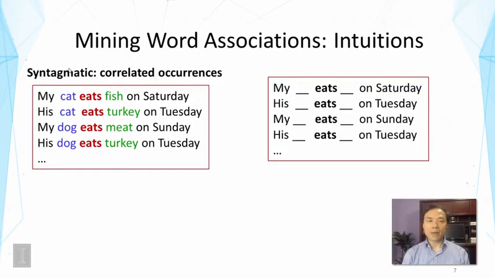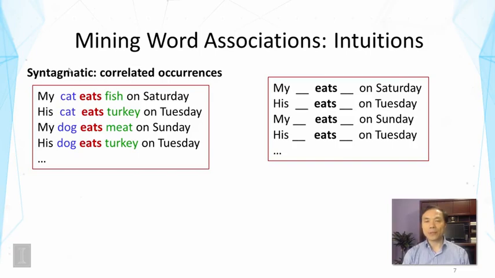What about the syntagmatic relation? Well, here we're going to exploit the correlated occurrences, again based on the definition of syntagmatic relation. Here you see the same sample of text, but here we're interested in knowing what other words are correlated with the verb eats and what words can go with eats. If you look at the right side of the slide, I've taken away the two words around eats.